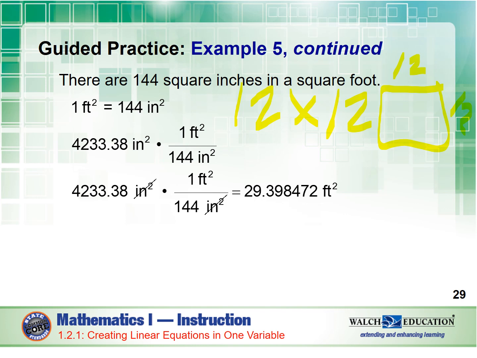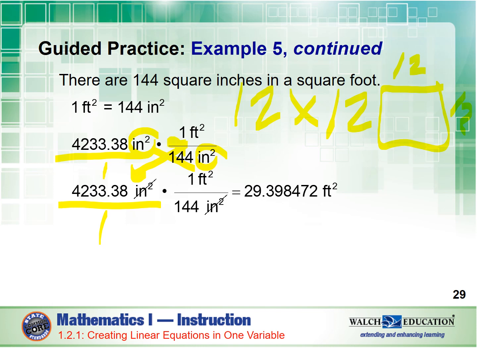When you're setting it up, you can also put this over 1. These are ratios, so you've got your fraction. You notice the inches squared, which you line up diagonally.